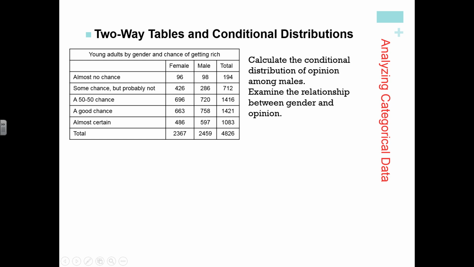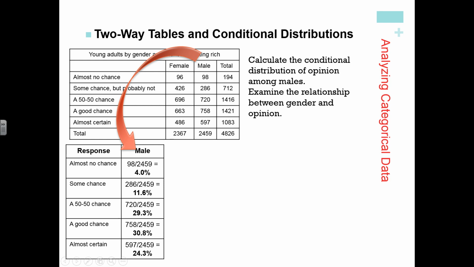And so for males, I want to get all of my opinions: almost no chance, some chance, 50% chance, good chance, and almost certain. In the first case, almost no chance, just 98 males said they had almost no chance of getting rich. And instead of dividing it by the grand total, since I'm only focused on males, I'm going to divide it by the male total to get my percent.